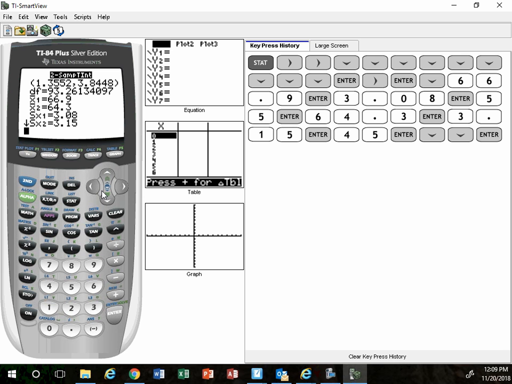You could key it all into your calculator and get the same result, but that's not really what they want.